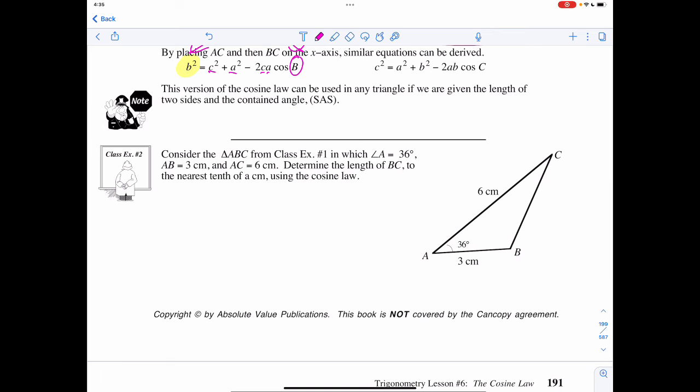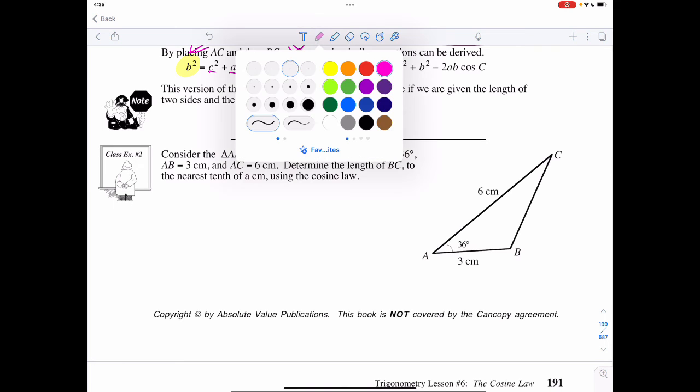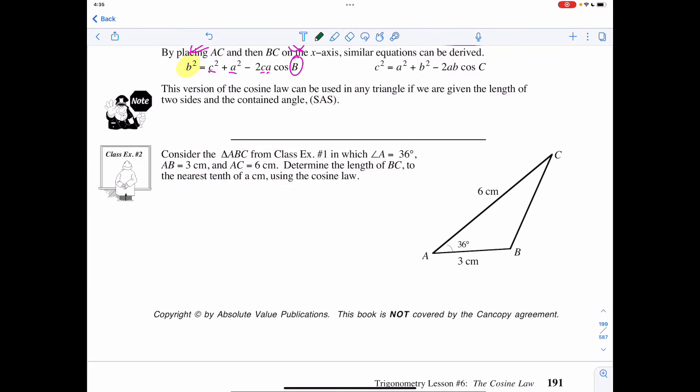So if I put that into practice for this example, then I'm going to say that if I'm trying to solve side length A, then a squared is going to equal the other two side lengths squared and added together, minus 2 times the other two side lengths times cos of the angle opposite the side length I'm solving.